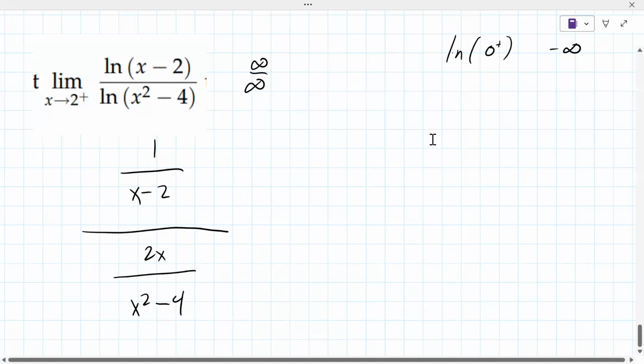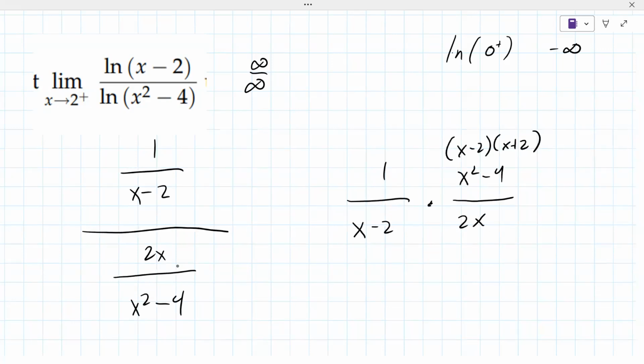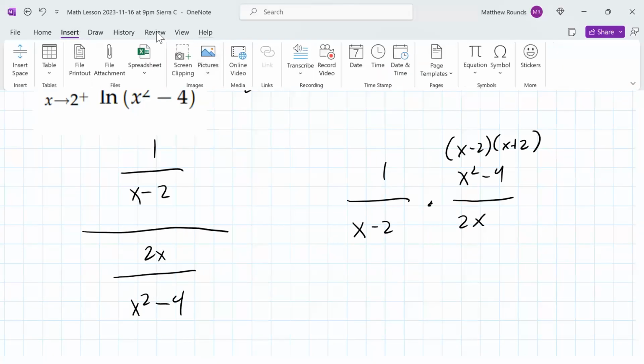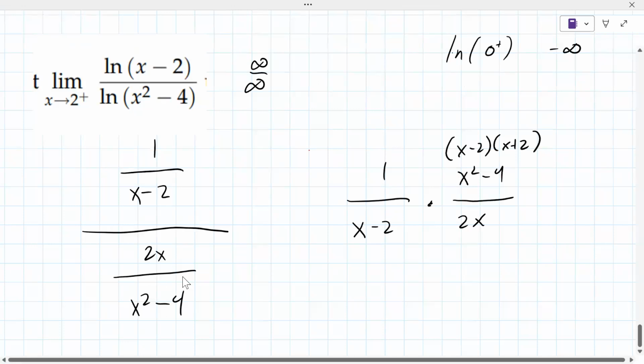So did you try to simplify this at all? No. Okay, you can always try, and sometimes it does work. This becomes 1 over x minus 2 times x squared minus 4 over 2x, and then the x squared minus 4 factors. That small little thing could make all the difference, because you really don't want to take a derivative of this down here. Yeah, this is a quotient rule.